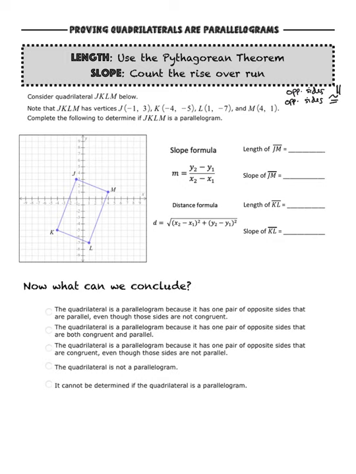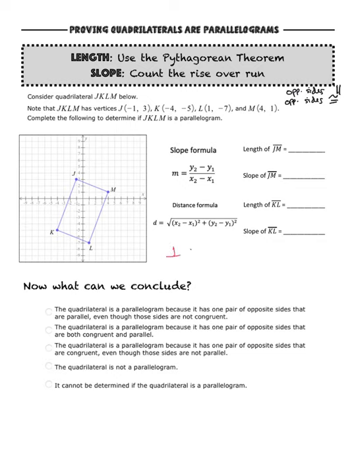So here we go. We'll do the slope formula and the distance formula. What? Yes. This is something we covered in Unit 6 in Algebra 1. I'm going to write this in red.